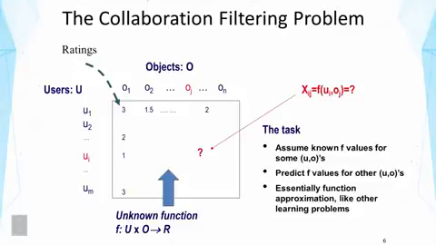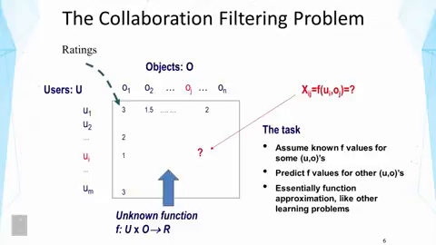And that is, we assume there's an unknown function here, f, that would map a pair of a user and object to a rating, and we have observed some values of this function. And we want to infer the value of this function for other pairs that don't have values available here.